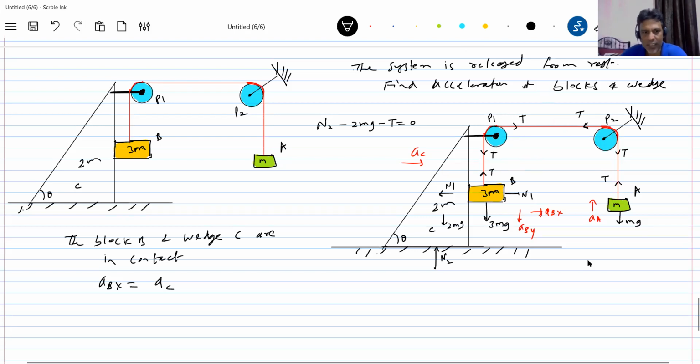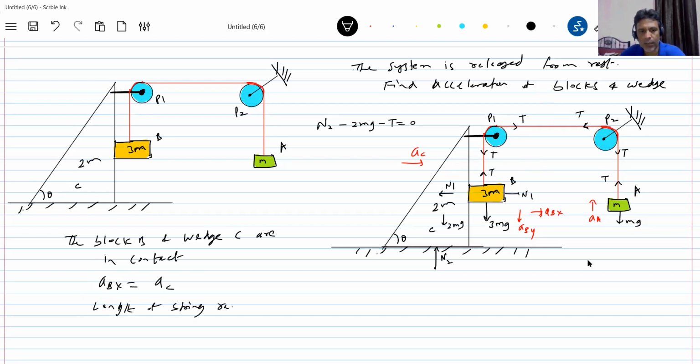So what constraint equation should you write here now, from the string? Length of string remains constant, or the string is inextensible. From that, what can I write?